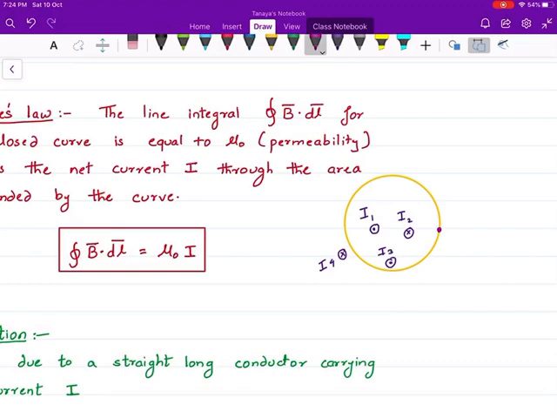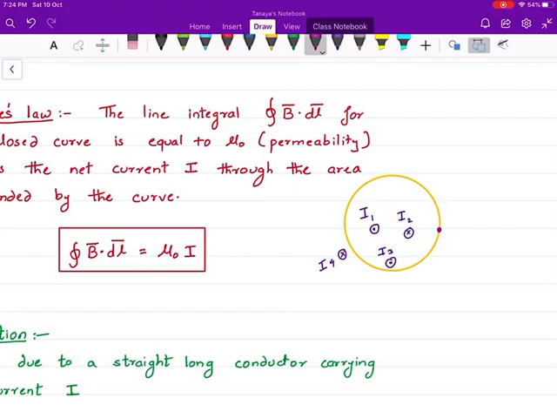So according to Ampere's law, what process are we going to apply? Since I have more than one direction of current and many wires carrying current, I am going to fix a direction in which I will traverse this loop.